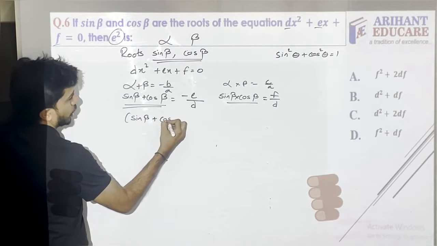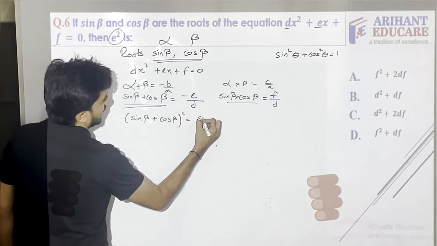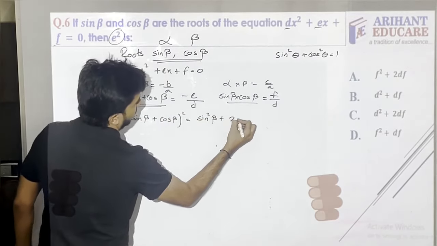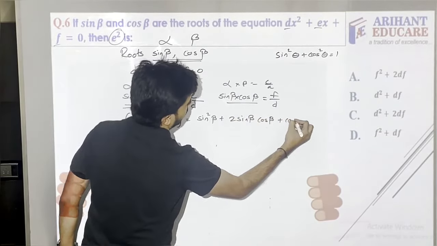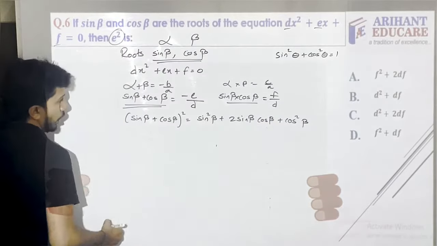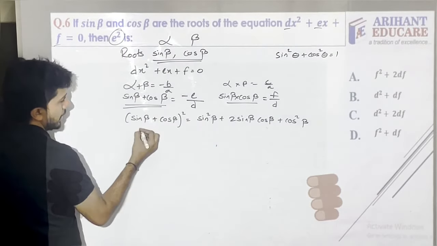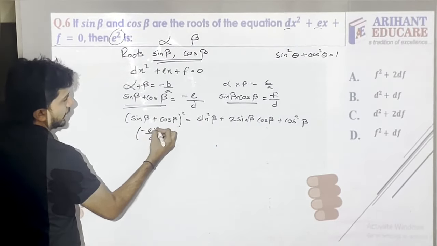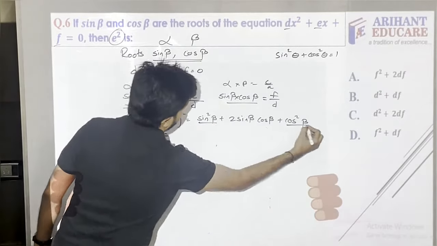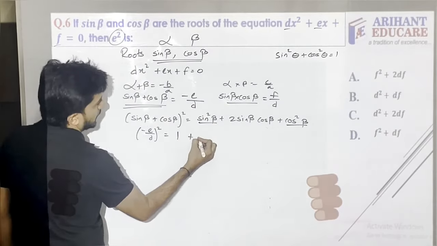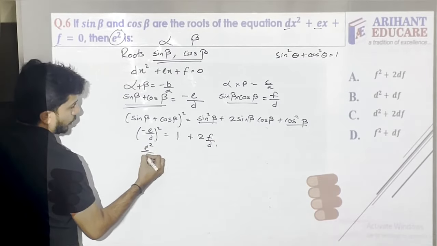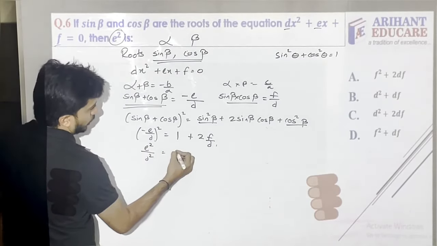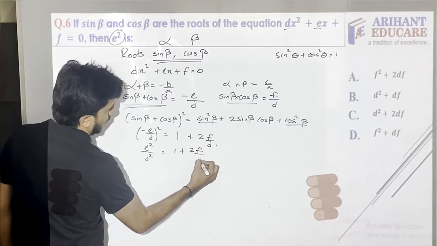Sin beta plus cos beta, the whole square, is sin square beta plus 2 into sin beta into cos beta plus cos square beta. Sin beta plus cos beta is minus e by d, the whole square. Sin square beta plus cos square beta is 1, plus 2 into f by d. Okay, this will become e square by d square equals to 1 plus 2 into f by d.